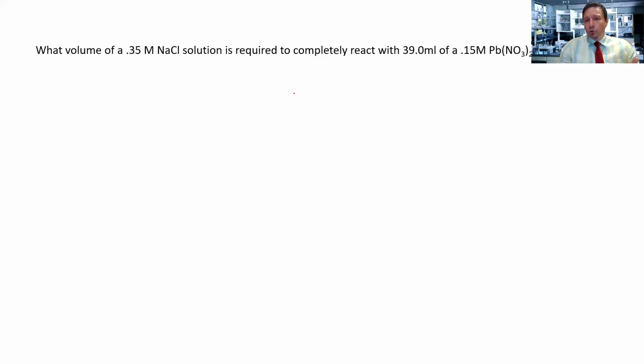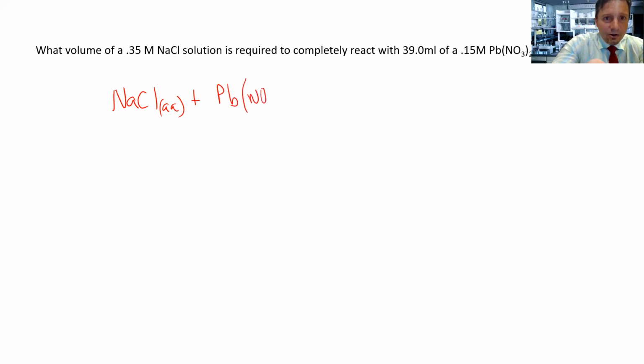So the first thing you'll always want to do is just write your balanced chemical equation. So I'm going to set up here and I'm going to go NaCl, and this is aqueous, plus I have my lead nitrate, Pb(NO3)2, and this is aqueous.